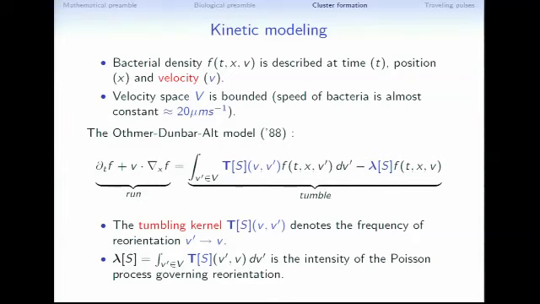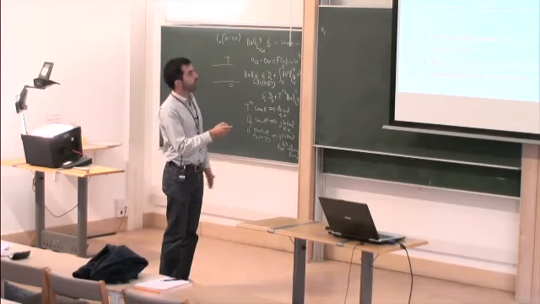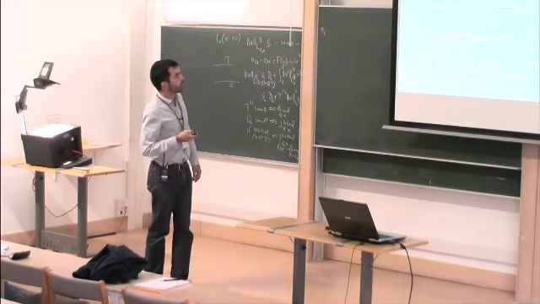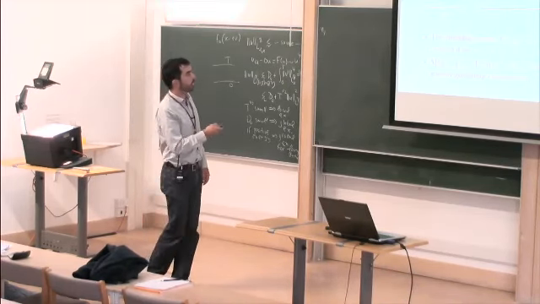You add the description in velocity to account for reorientation events. As I said, the velocity space, of course, is bounded, and it's more than that: it's a sphere, because they all travel with a constant speed, of the order of 20 micrometers per second. And this is a model which has been proposed by Alt and then Hillen, Othmer, and Dunbar in the 80s, which really decomposes these two phases.